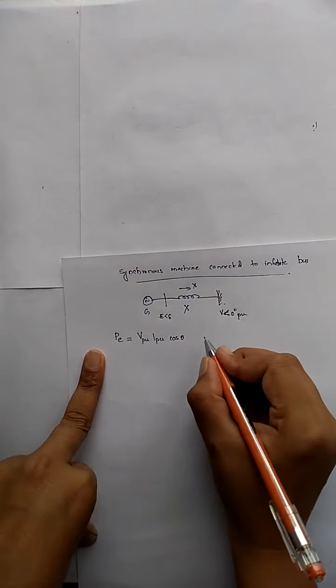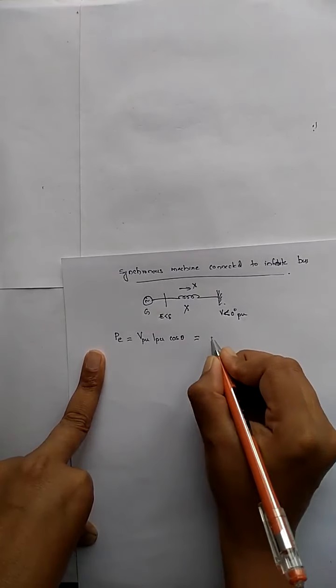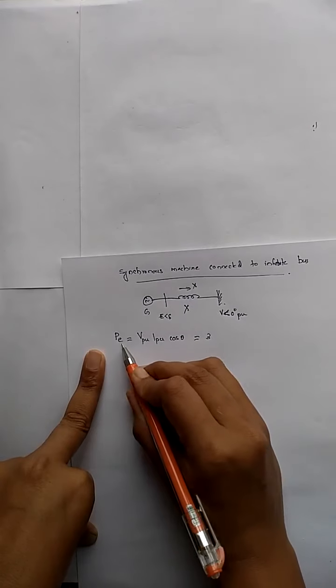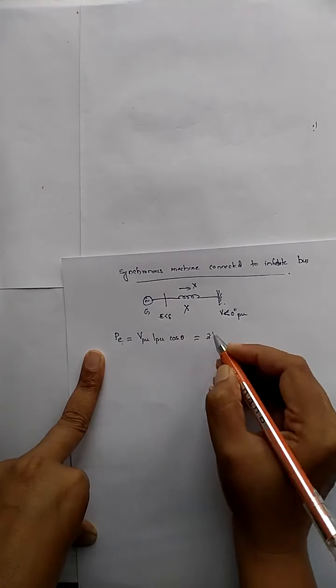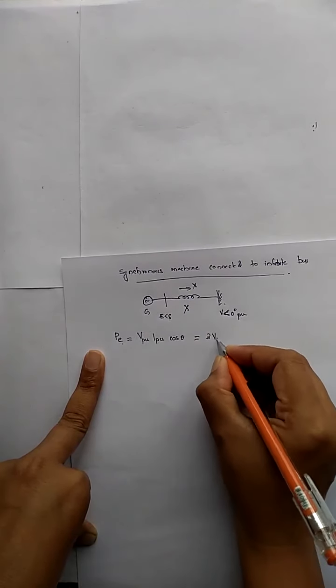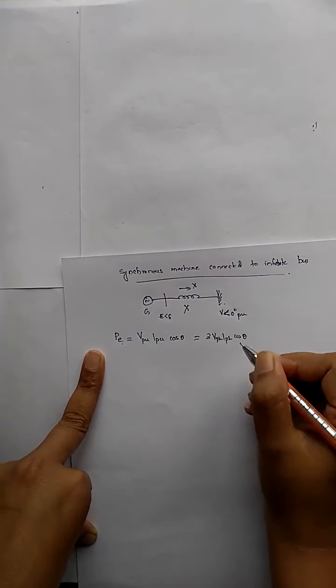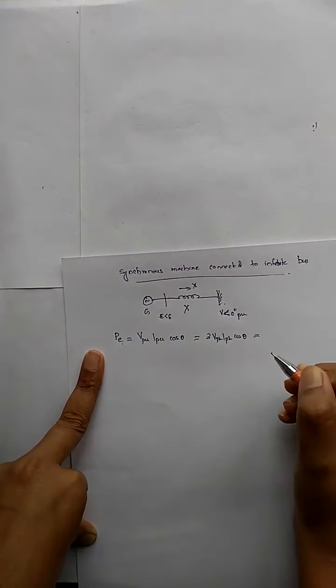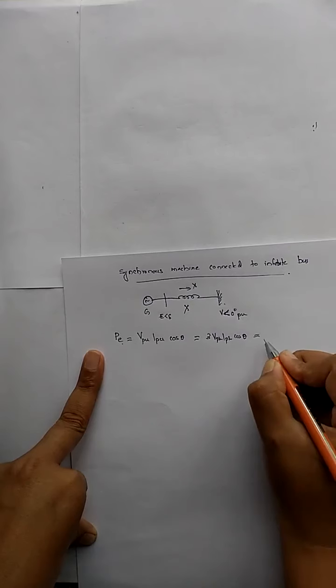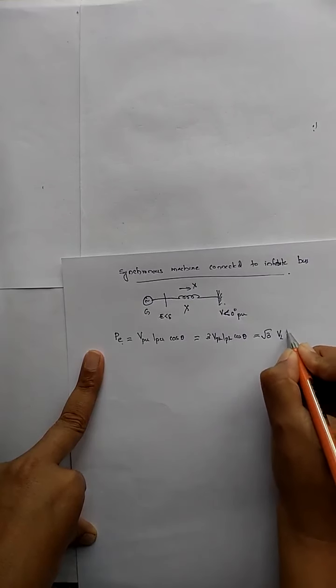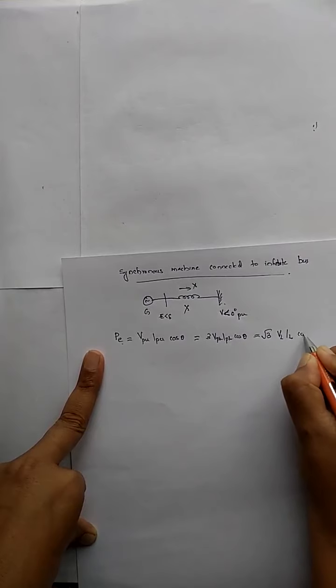If we are writing in phase value, then for a 3-phase generator the power will be 3 into V phase into I phase into cos theta. Or if I write it in line value, then it will be root 3 VL IL cos theta.